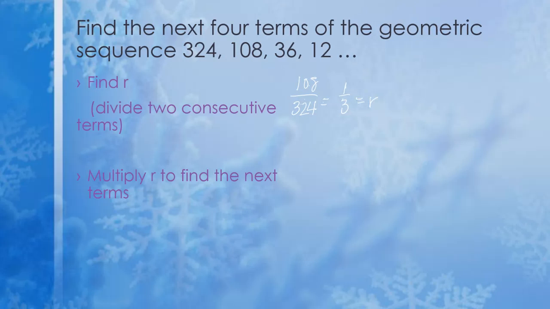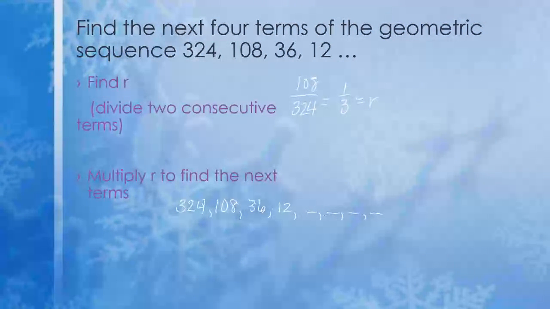Now to find the next 4 terms, I'm going to write out what I have so far. And then 1, 2, 3, 4. I'm just going to multiply 12 by 1/3. Remember, you have that lovely fraction button on your calculator that does this, and I get 4. I'm going to multiply 4 times 1/3, and I get 4/3.